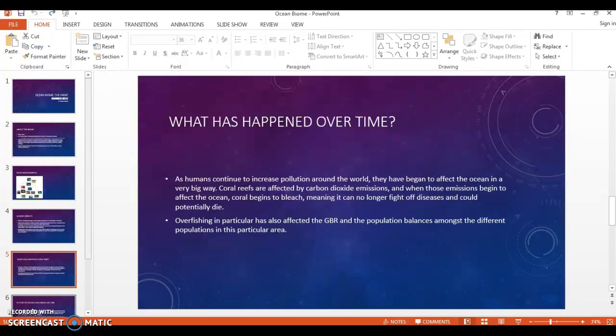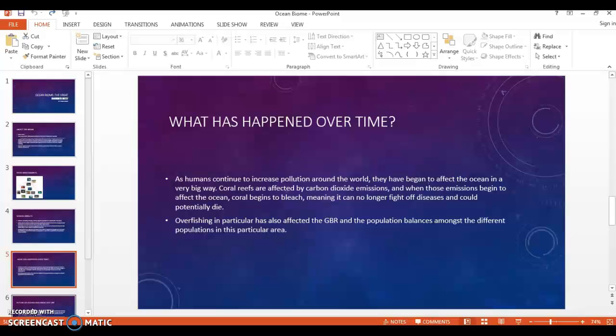So, what has happened over time in my specific case study location? As we continue to pollute the world and continue to do things such as dredging and overfishing, the Great Barrier Reef has suffered very extensive amounts of coral bleaching.